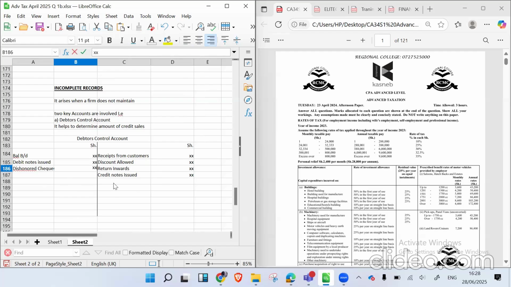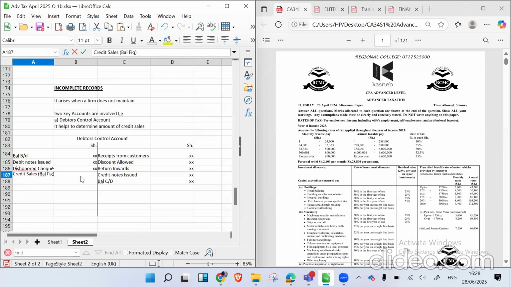And of course now the closing balance, the balance carried down, and the balancing figure becomes credit sales. So credit sales is the balancing figure.